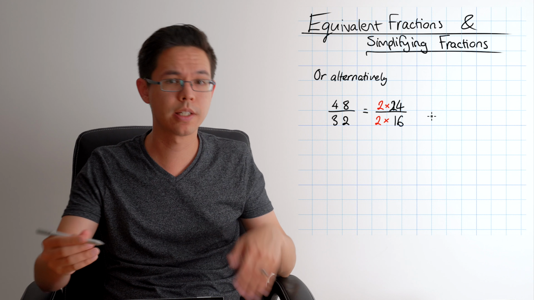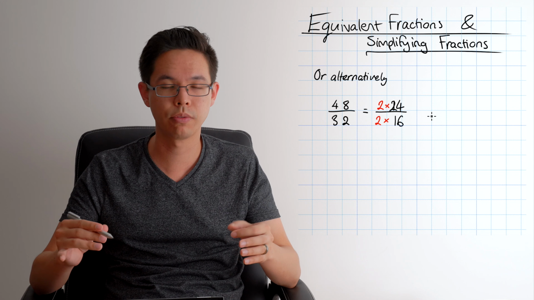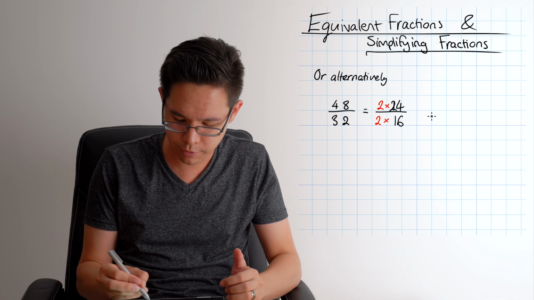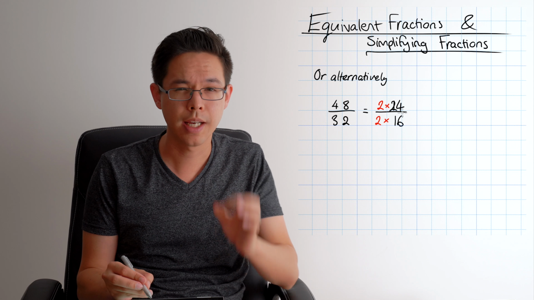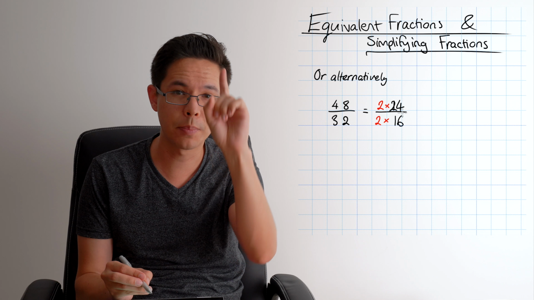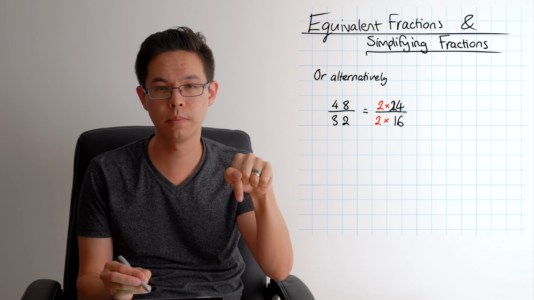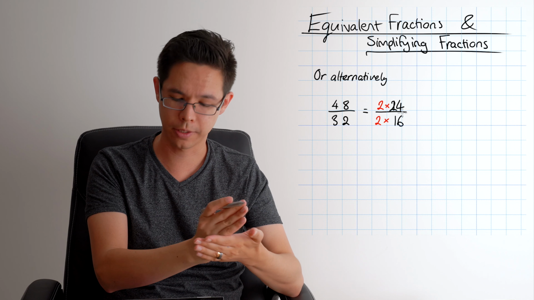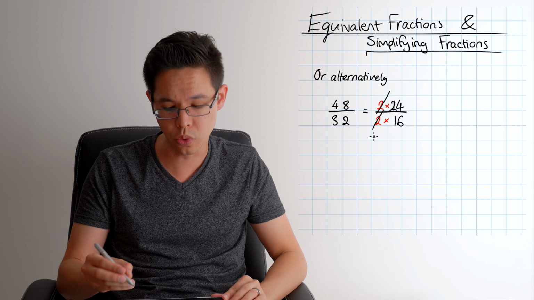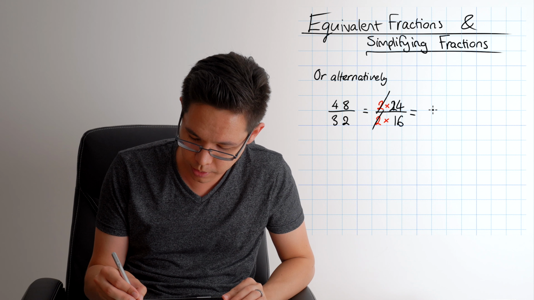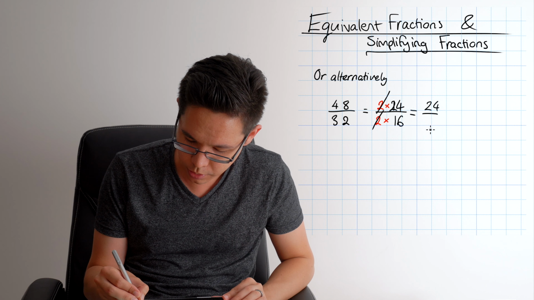And from here, we can use this excellent process of fractions: if you have a bunch of things multiplied to each other in the fraction, and the same value shows up in the numerator and the denominator, you can actually cancel them out. So once I've got to this stage, I can cancel out both of those 2's. And so that fraction becomes 24 over 16.